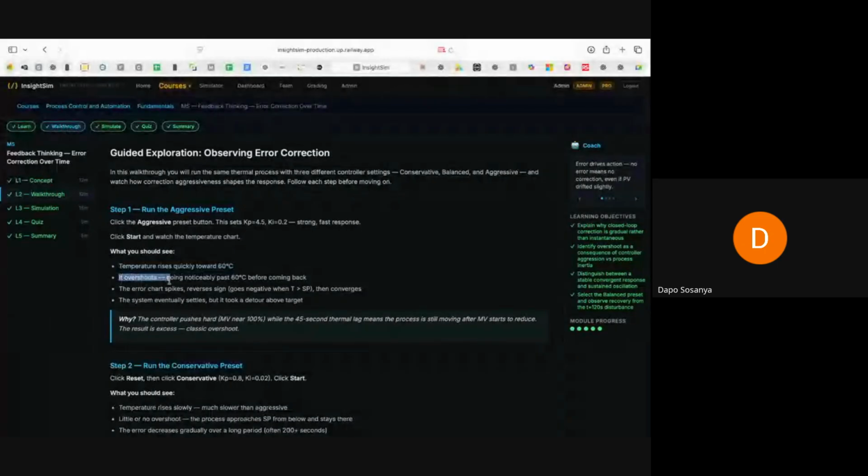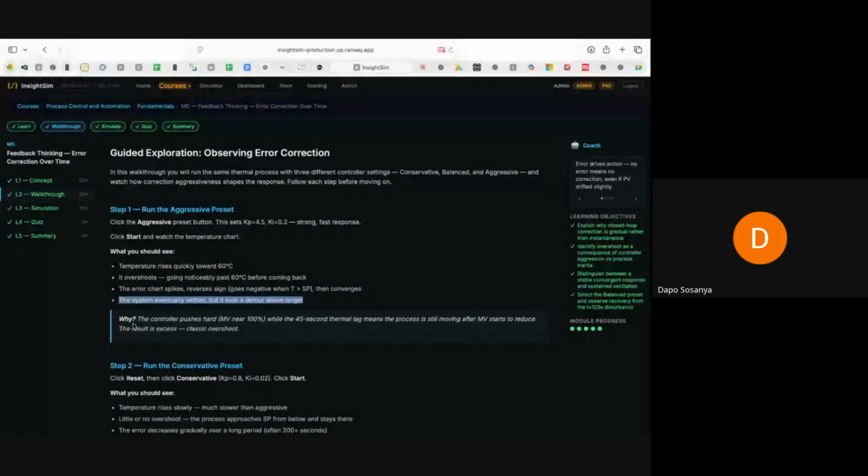It overshoots, going noticeably past 60 before coming back. And then the error chart spikes, reverses sign, goes negative when T is greater than SP, then it converges. The system eventually settles, but it took a detour above target.